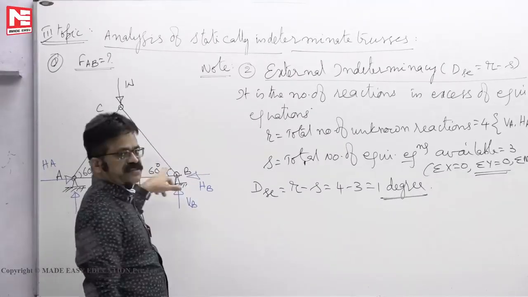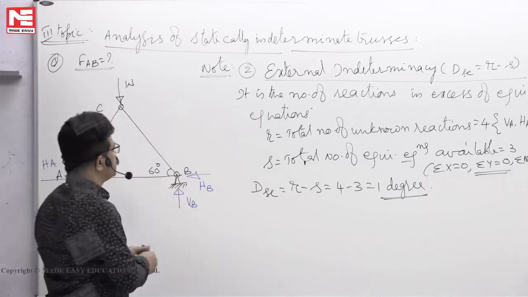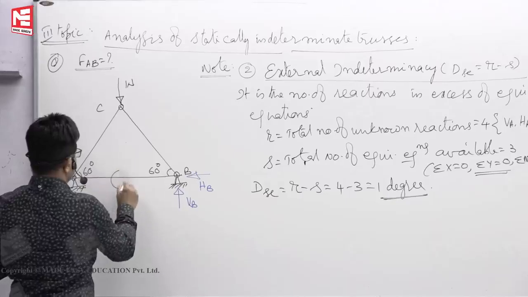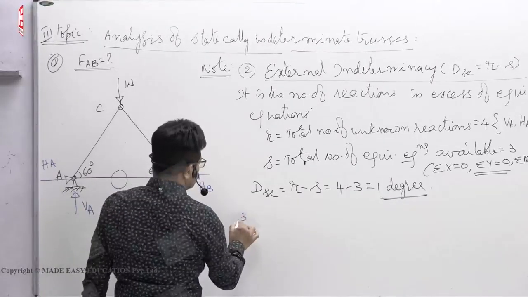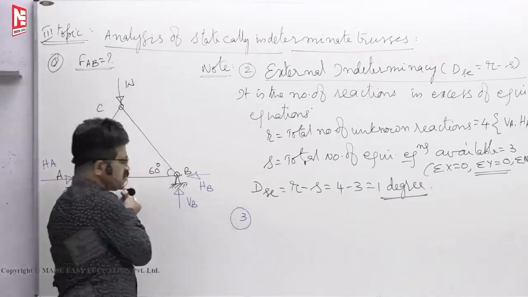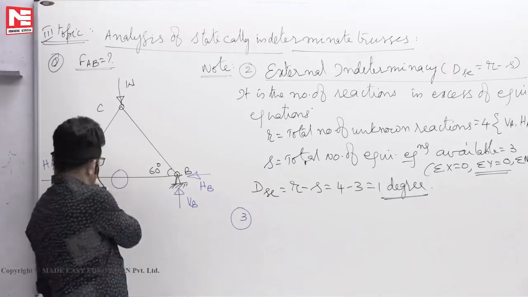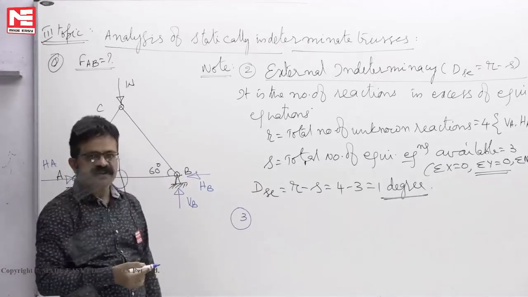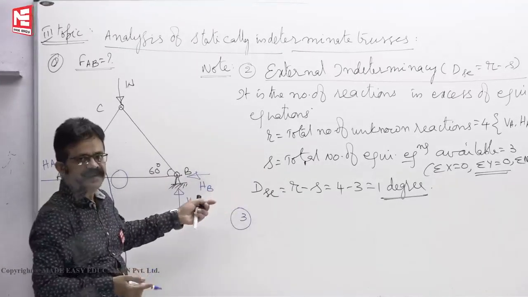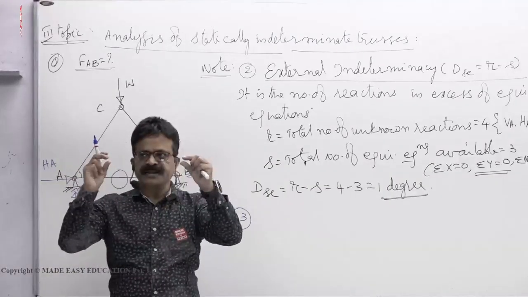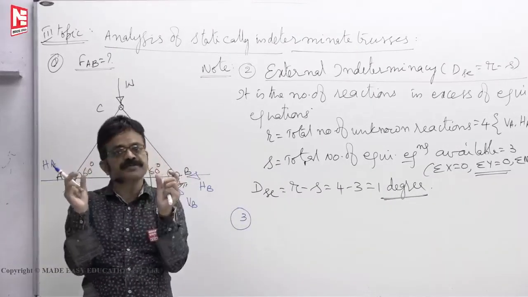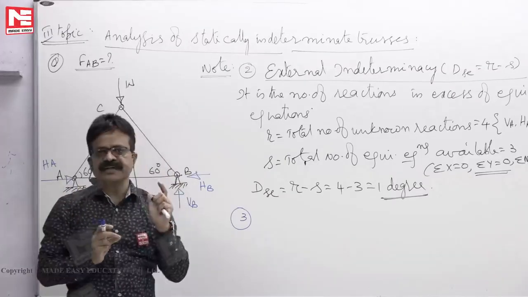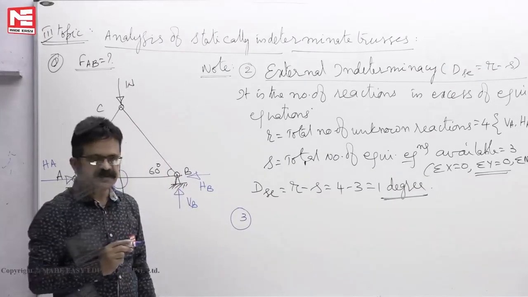If deformation is 0, force in the member is also 0. So, that is your third point. In 2 minutes time, you must detect whether it is a 0 force member or not. This much story you do not have to explain. If you see the member, can it elongate or contract, you see how the support conditions are. Directly we can tell that force in that member is 0.